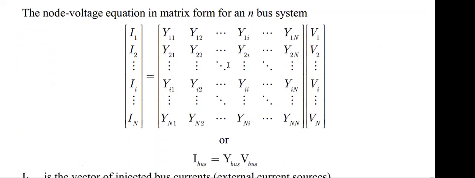When we have the bus admittance matrix in our hand, as I have already mentioned, the current should be on one side and admittance Y and voltage should be on the other side. This is the matrix orientation, right? So when you have this type of matrix block, this matrix will be known as Y bus.